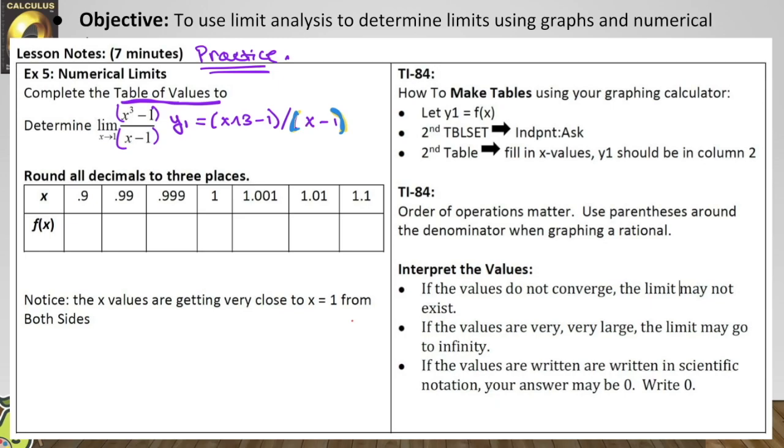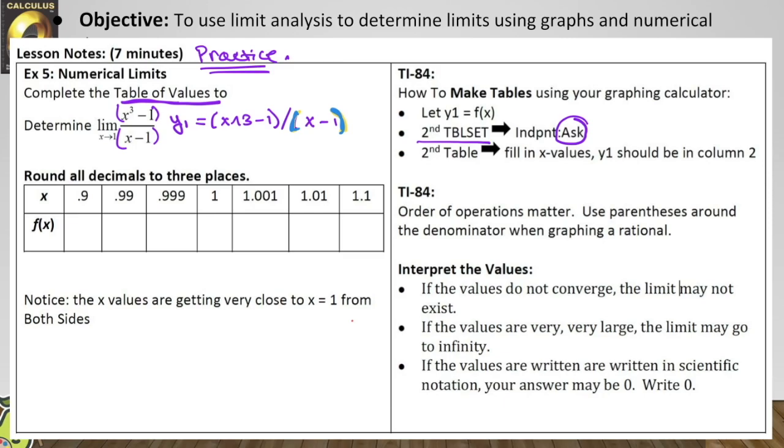All right, now we're going to make a table of values using your calculator. So if you have a TI-84 to make your table, we're going to go to second table set. I want you to set the independent variable as ask because we want to actually type in the values as we approach 1.